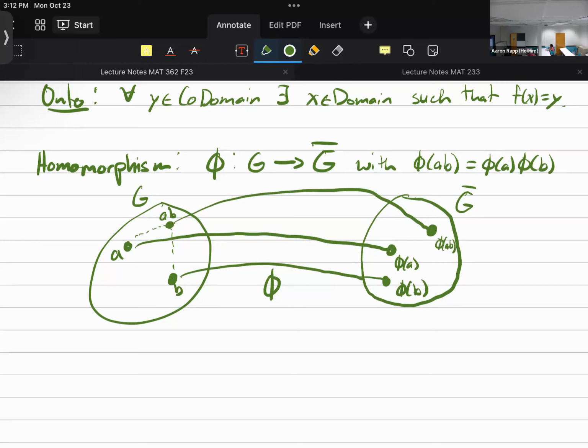Each of these three elements will be mapped. What we're saying is now, if I'm in this new group with a different operation, I can combine those two, phi of A and phi of B, together, and it should be equal to phi of AB.